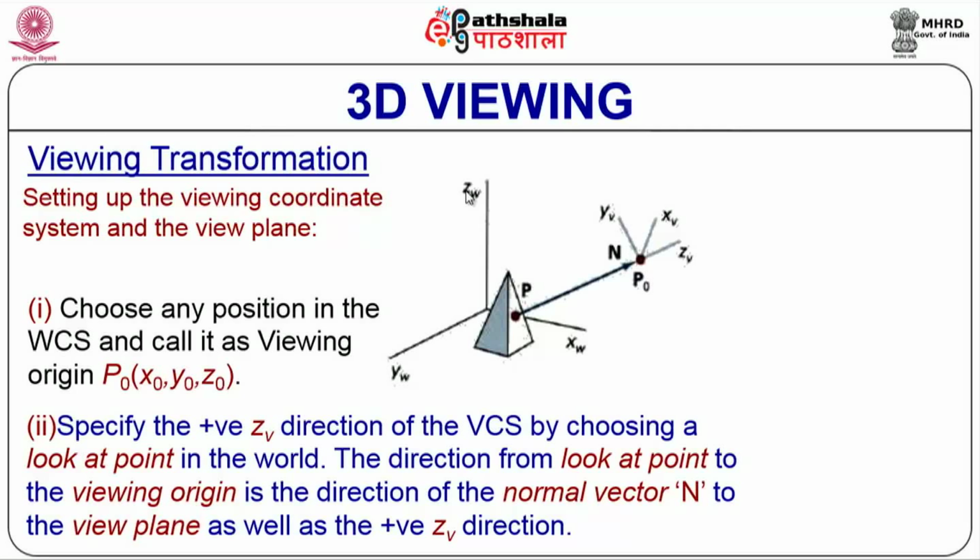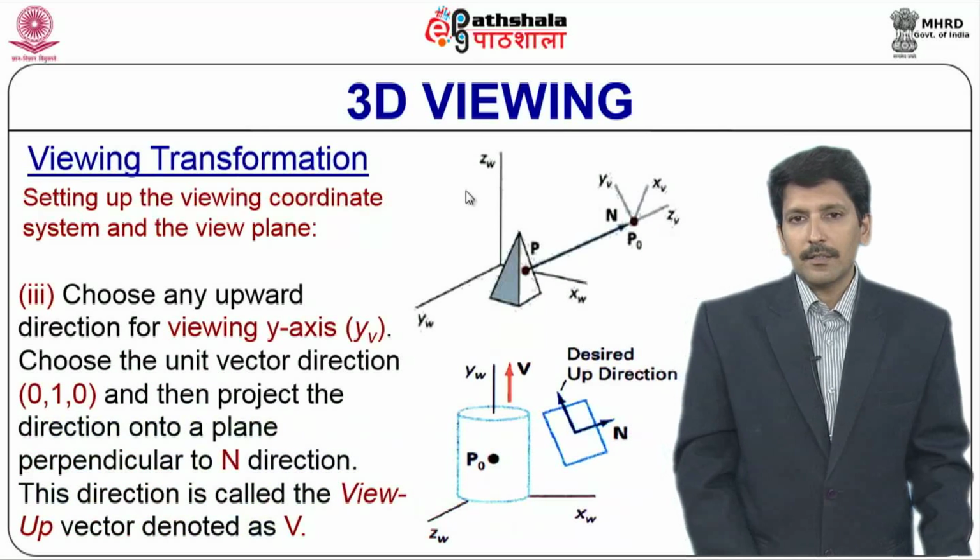Then we take a projection of the y onto the imaginary plane perpendicular to the z direction, and we take a cross product of the y and the z to get the correct x. When we get the correct x, we can take the cross product between x and z again to get the correct y. So that is how this viewing coordinate system is set up.